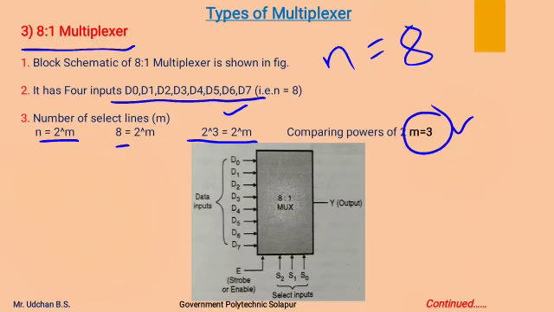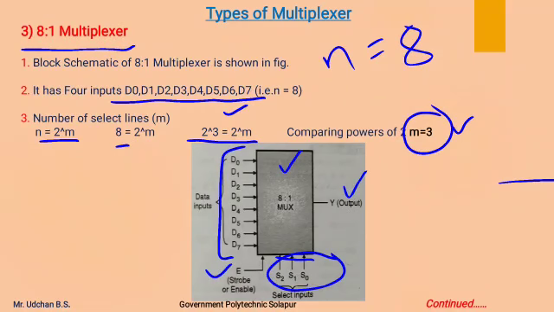So for 8:1 multiplexer, there are 3 select lines: S2, S1, S0, and 8 input lines D0 to D7. Now here in this 8:1 multiplexer, these are 8 inputs, 1 output, select lines, and enable input.